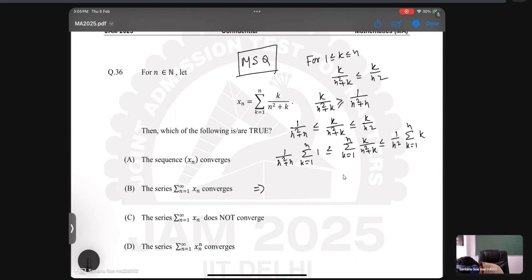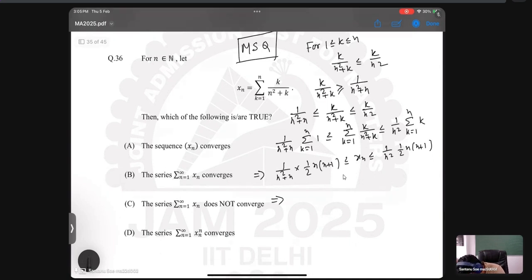This implies 1 by n square plus n into 1 by 2 n times n plus 1 is less than or equal to, now this middle term in the inequality is nothing but the sequence x_n, and this is less than or equal to 1 by n square times half n plus 1.